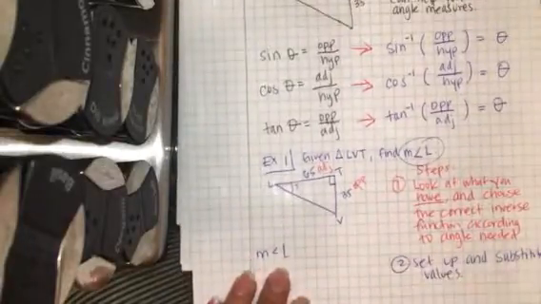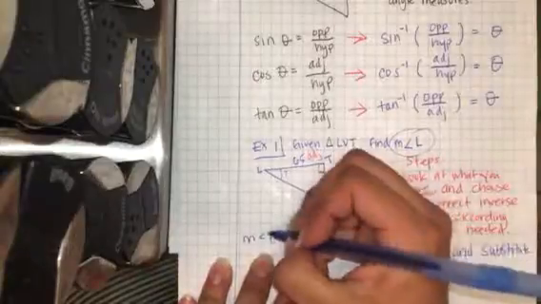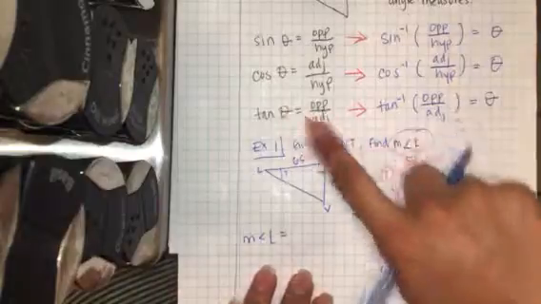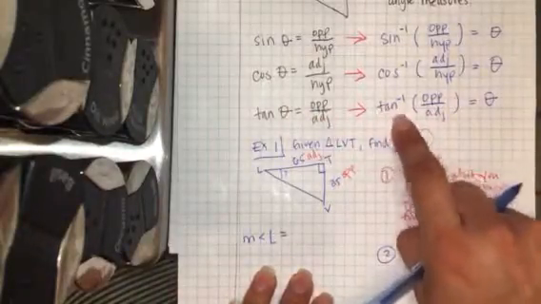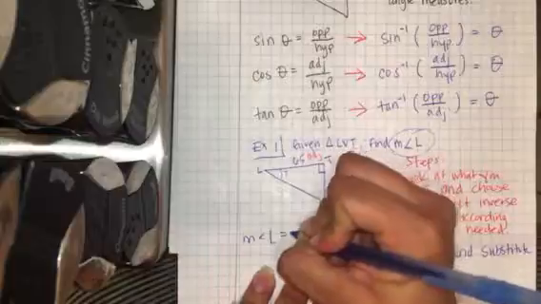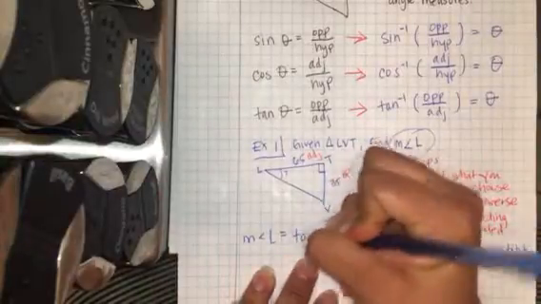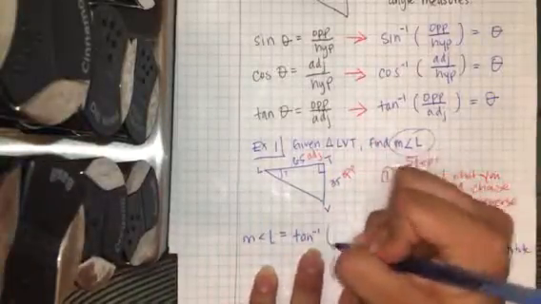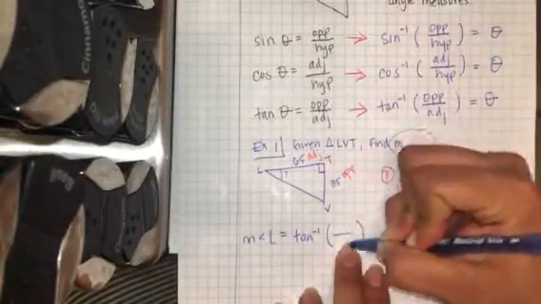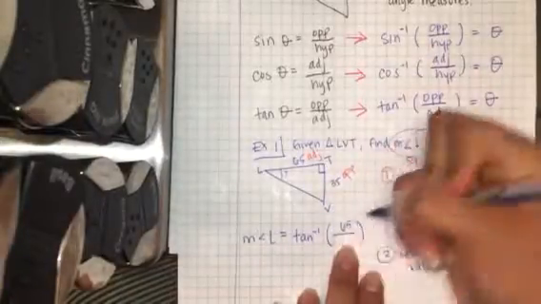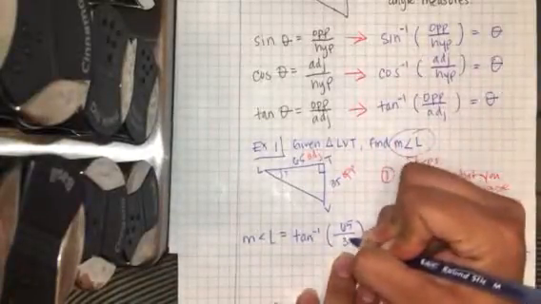I'm trying to find the measure of angle L. The measure of angle L is going to be equal to the inverse tangent, and we write it like this. We have the opposite over adjacent. The opposite is 65 and the adjacent is 35.